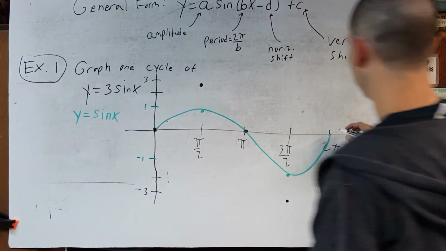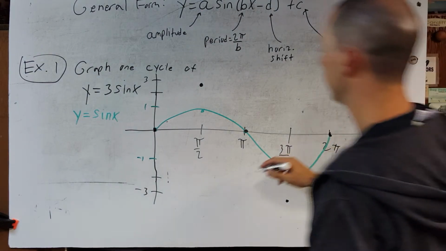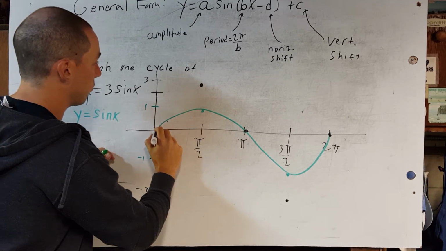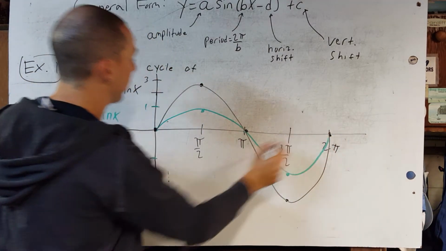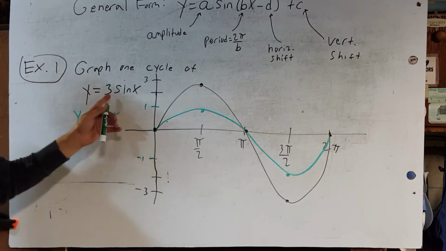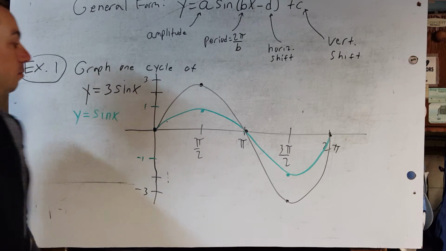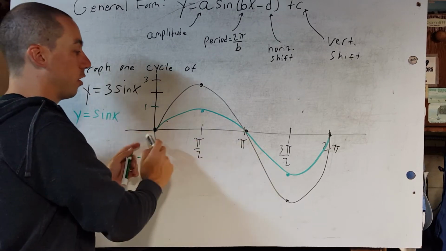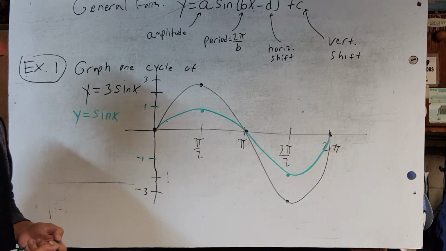And here a y-coordinate of 0 stays at 0. Okay, so notice our amplitude of 3 makes the high points higher, the low points lower, but the middle points, what we call the midline, stay the same.